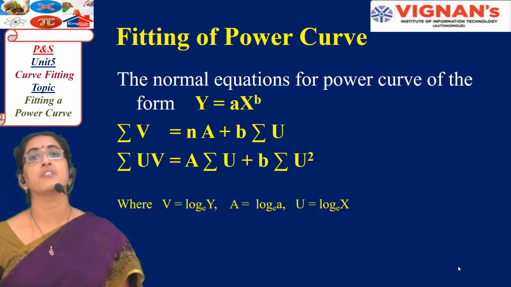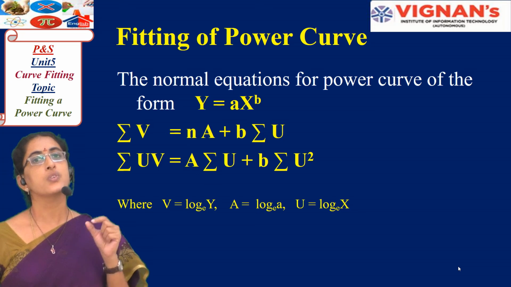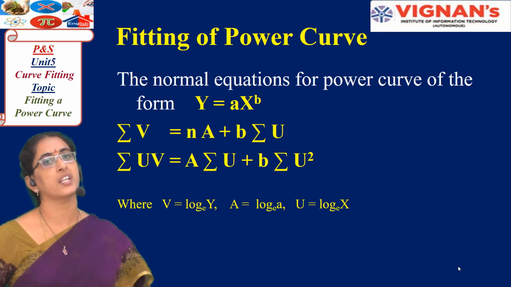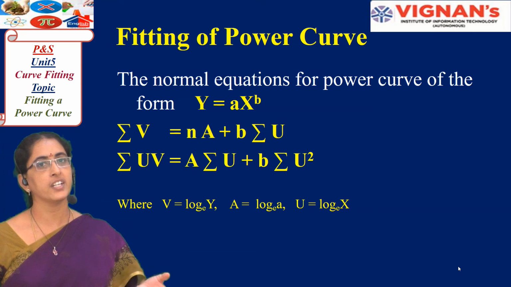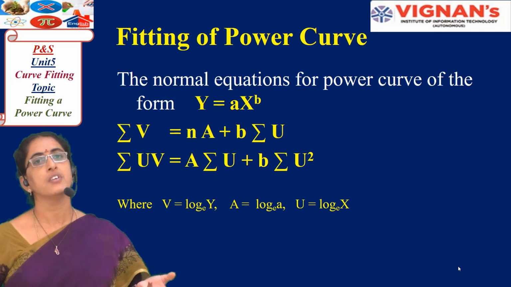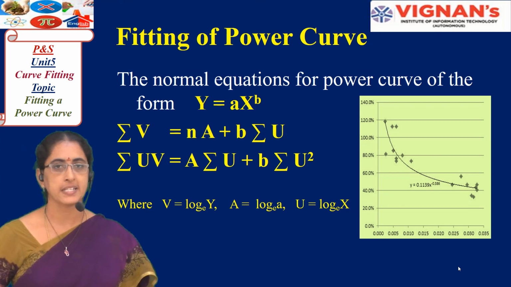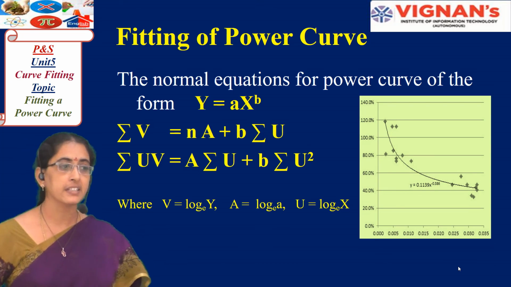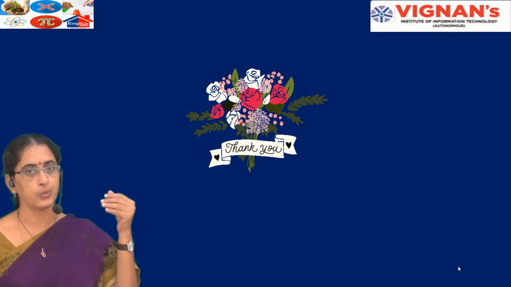This time we have to take the logarithm of the x observations also. So the logarithm of the x observations is taken as the variable u, and for y we take the logarithm as capital V, and capital A is nothing but log a to the base e. So the power curve is also increasing in nature.